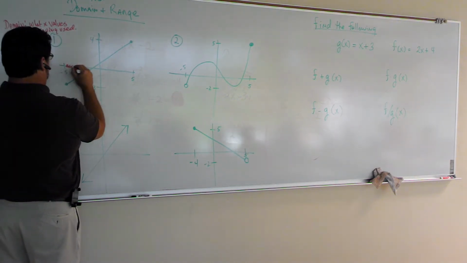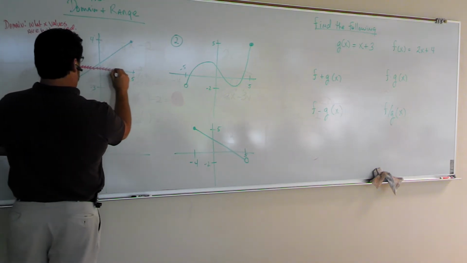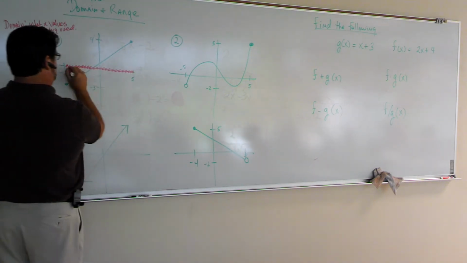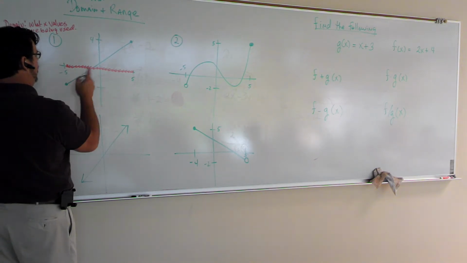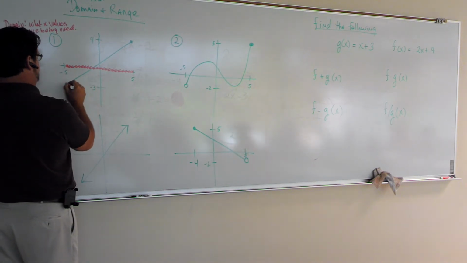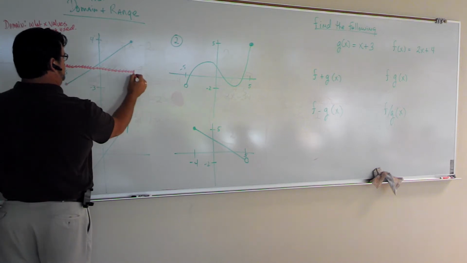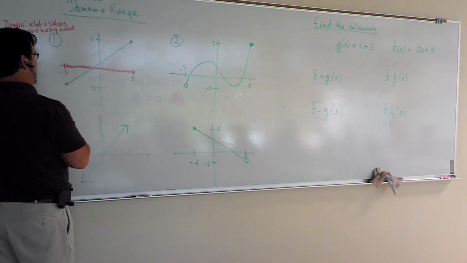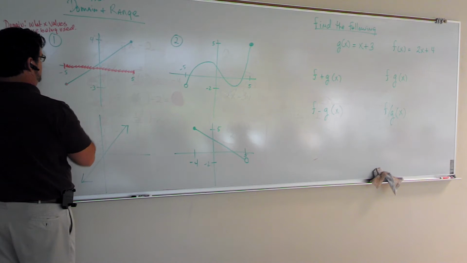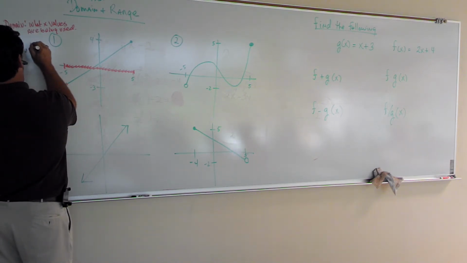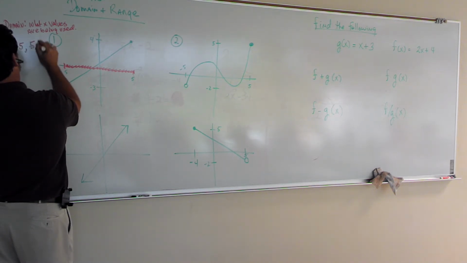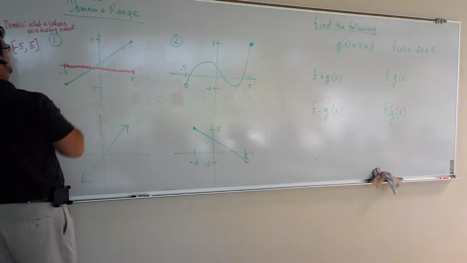Well, you just mark the x values here, and there they are, -5 to 5. Are they inclusive? Do we use -5 and +5? Yes. Why? How do you know that? Closed circle. So -5 to +5, and what does inclusive mean? Brackets or parentheses? There's our domain.